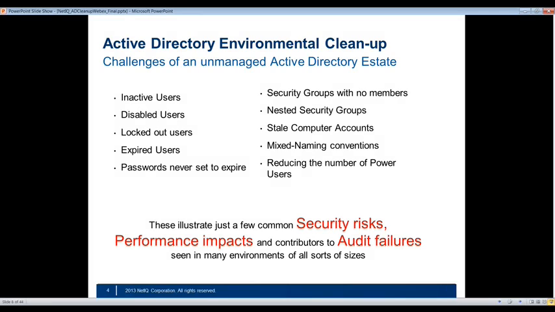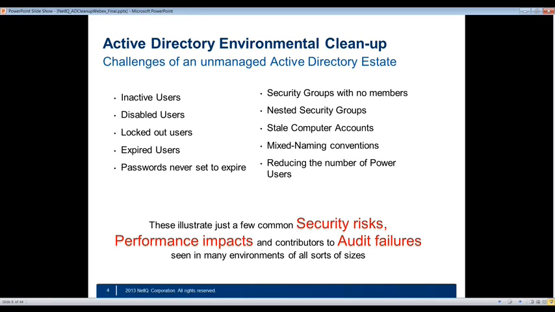Sometimes there is a reason for them not expiring, for example, service accounts. However, there's commonly a lazy justification as well, whereby certain administrators perhaps don't want to change the passwords of their own accounts, but have the power to manage whether they need to be reset or not.